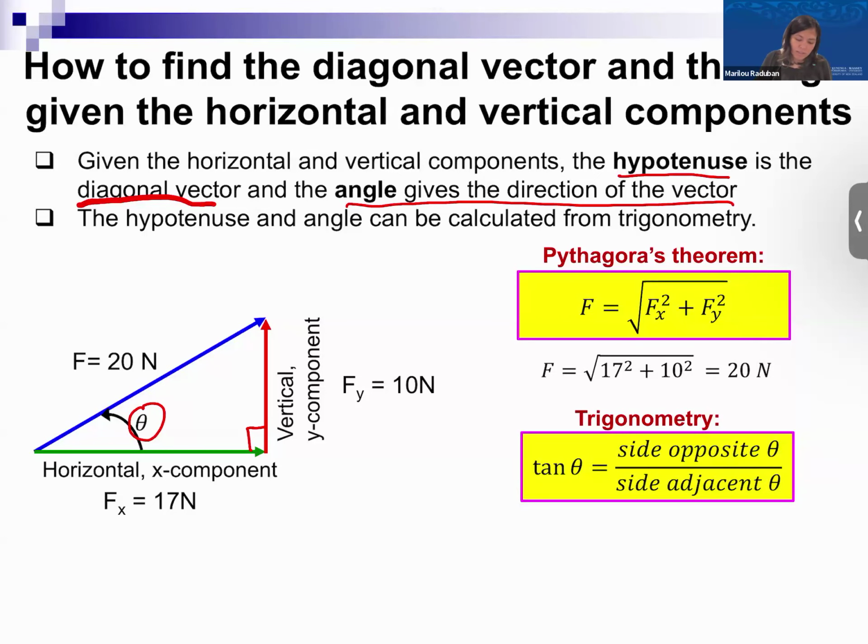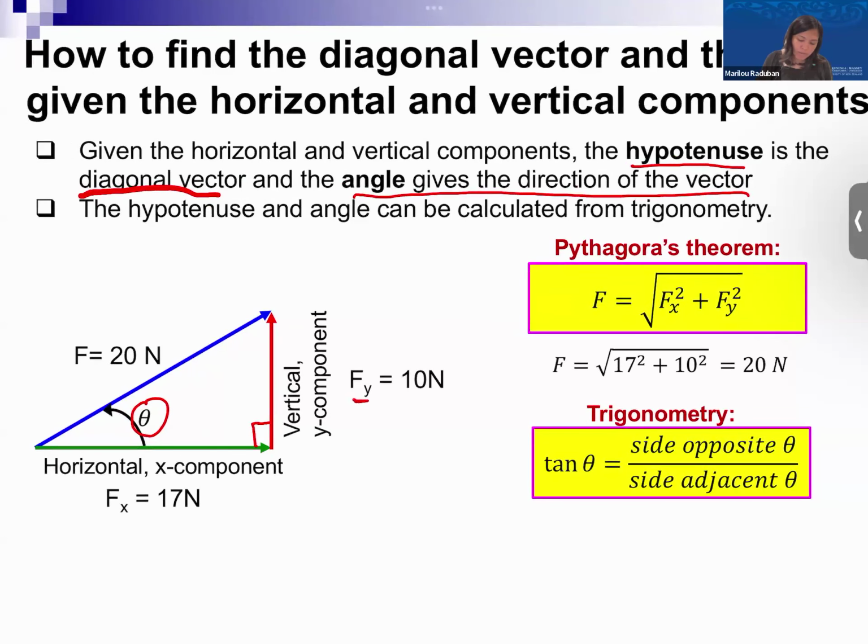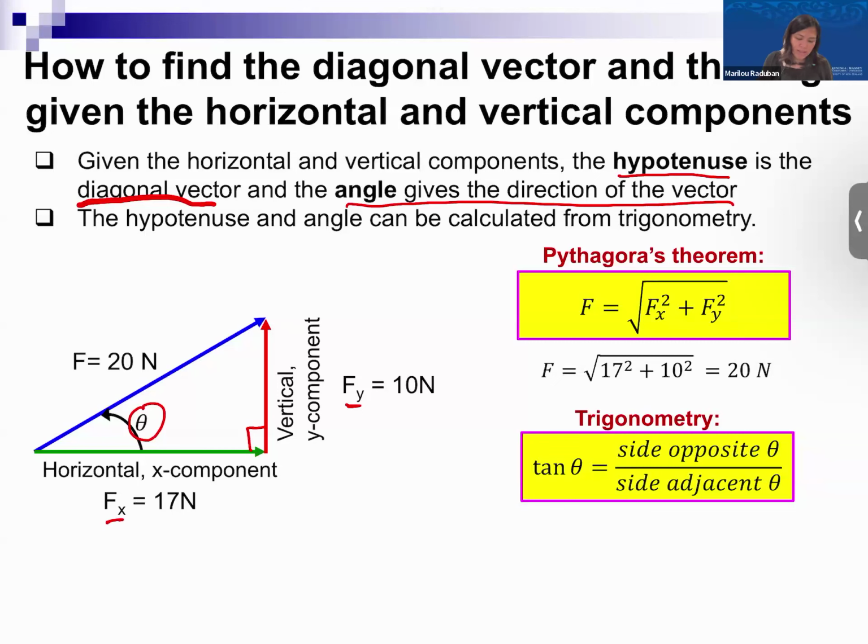So the side opposite the angle is the y component, and the side adjacent the angle is the x component. Tangent theta will therefore be equal to the y component divided by the x component.